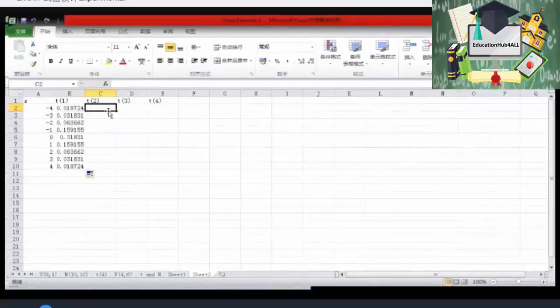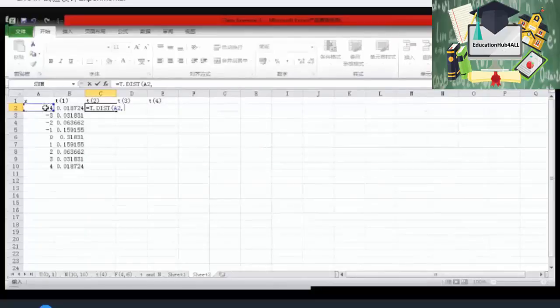So here you can make another degree of freedom. Select the x, degree of freedom 2. Again, it's 0. T. Select the x, 3, 0.